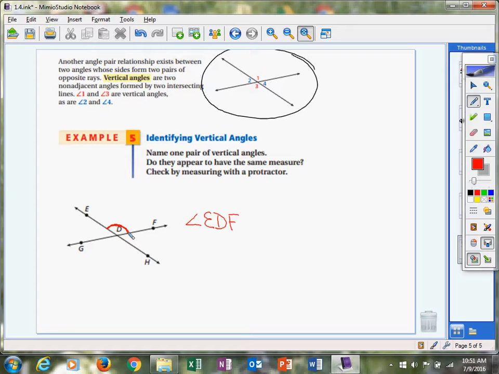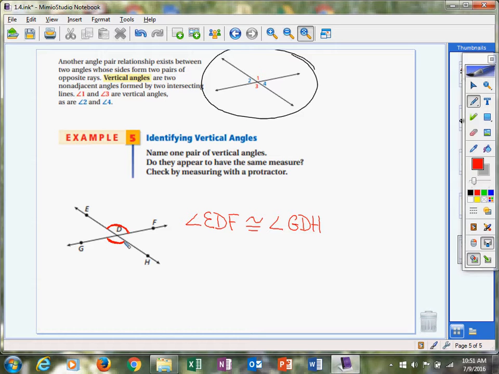Well, you're correct if you're saying GDH, angle GDH or HDG, you would be correct. These are vertical angles right here, okay? They do share a vertex, but they don't have a common side. And so that makes them vertical.